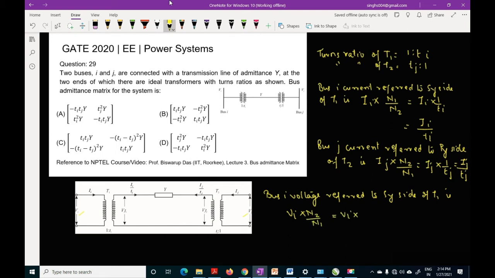This is Vi into Ti. Again, bus J voltage referred to the primary side of T2 is Vj into N2 by N1. This is Vj into Tj.